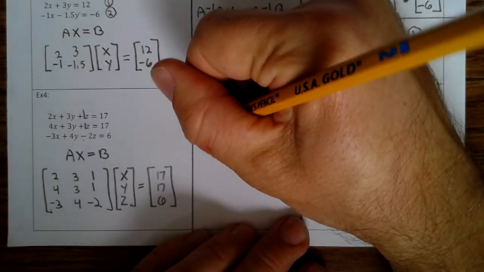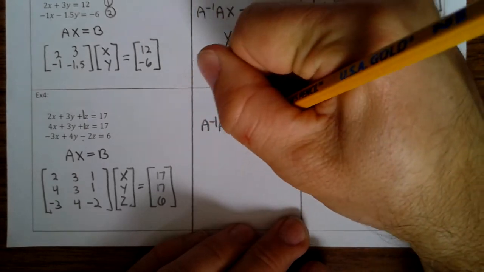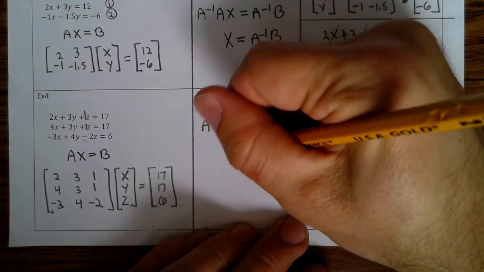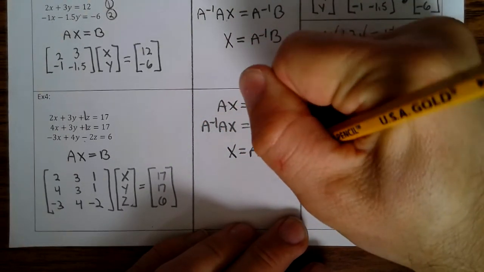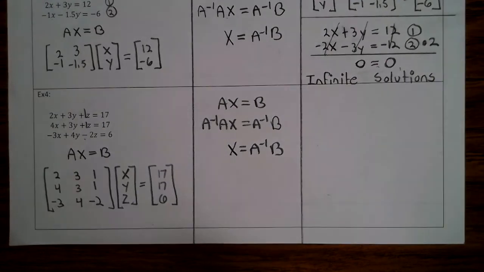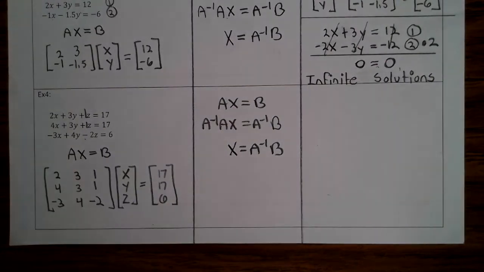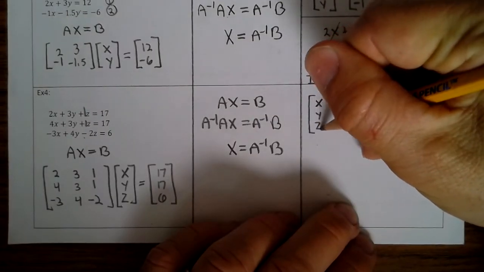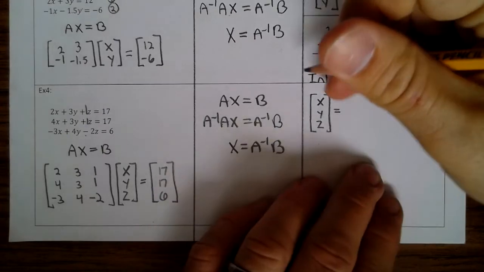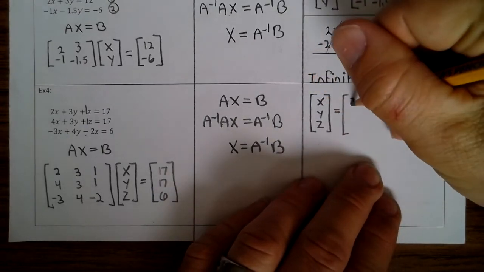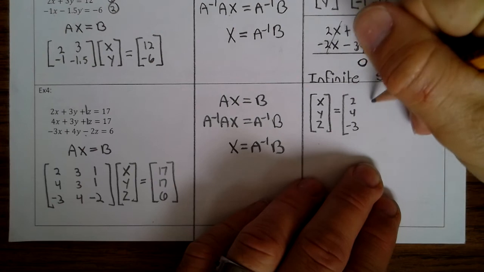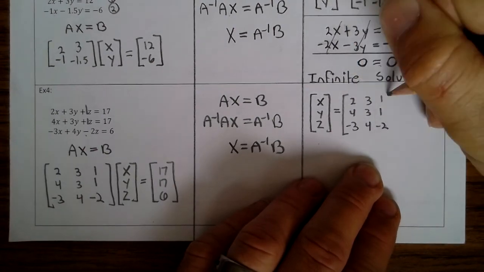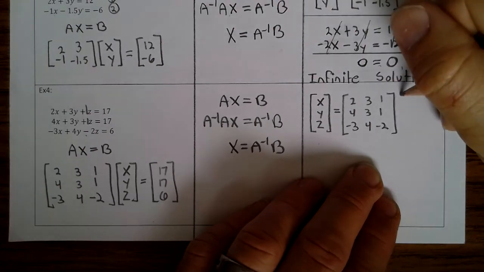So X equals A inverse B. So X, Y, Z equals 2, 4, -3, 3, 3, 4, 1, -2. Oh, I'm sorry, inverse, don't forget about inverse, times 17, 17, 6.